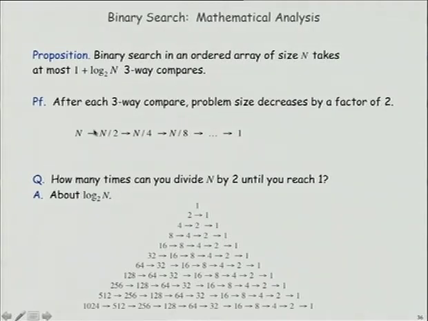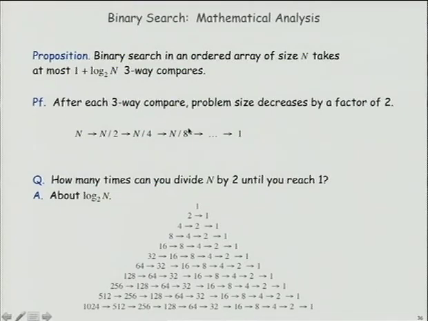And since we know that the problem is halving every time, remember the demo that I had, it's halving the problem size every time. We know we're dividing by 2, it will happen log n times, and therefore, as a result, this binary search algorithm takes 1 plus log n three-way compares.